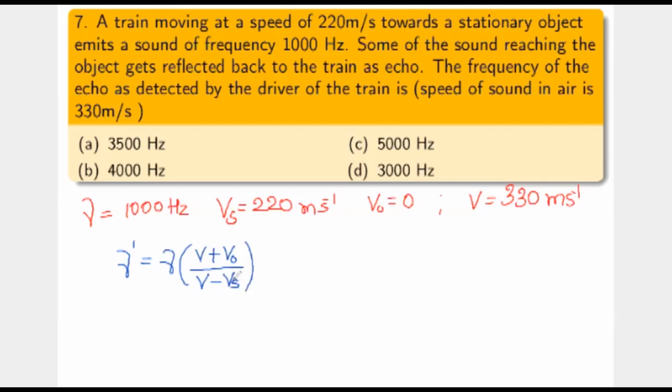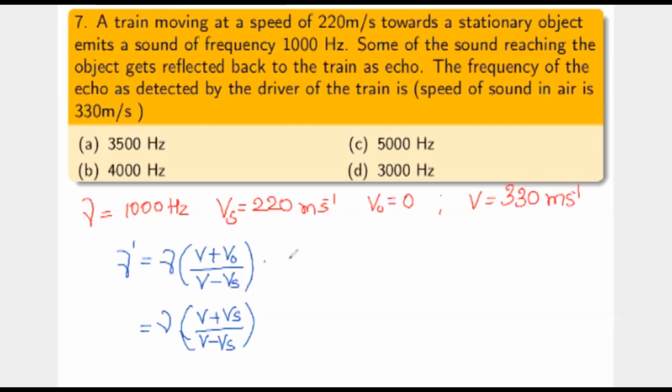But in this case, what's happening? Even though the observer is at rest, for the loco pilot, it appears as if the observer is moving towards the train because the train is moving towards him. So we can write this expression as nu into v plus vs divided by v minus vs.